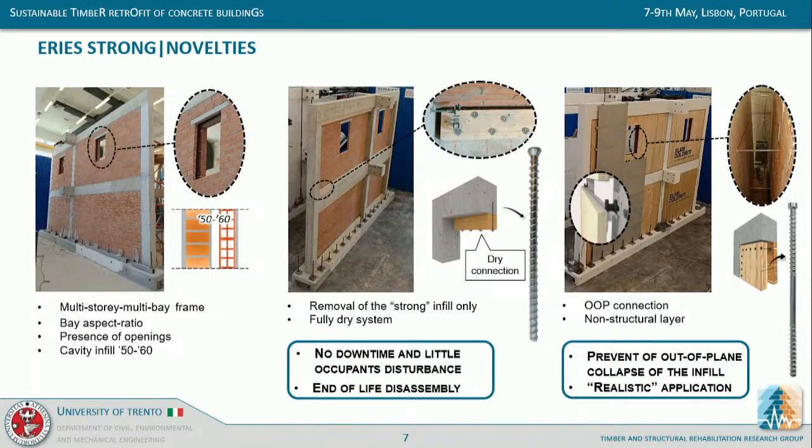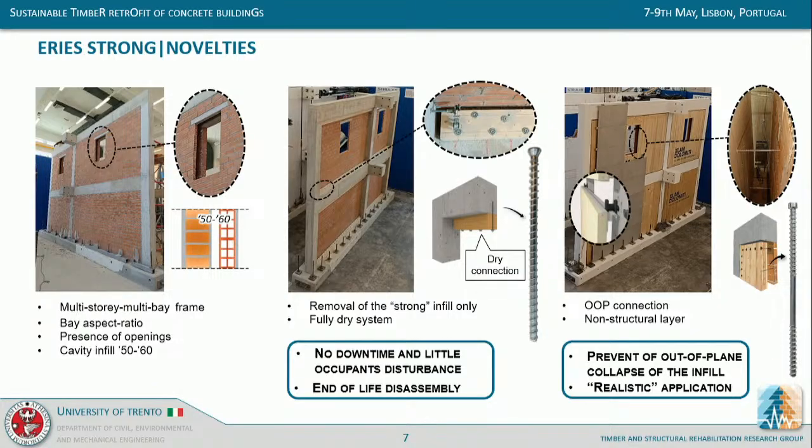And also, we are now focusing on frames representative of the 50s and 60s, with the typical cavity infill walls, which comprises a strong leaf made of solid bricks and, let's say, a weak leaf made of hollow blocks.